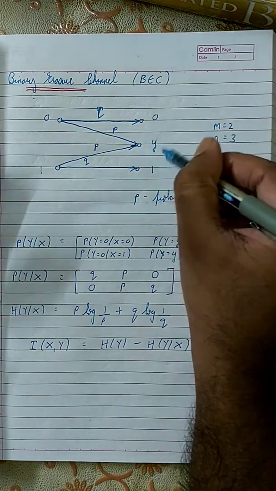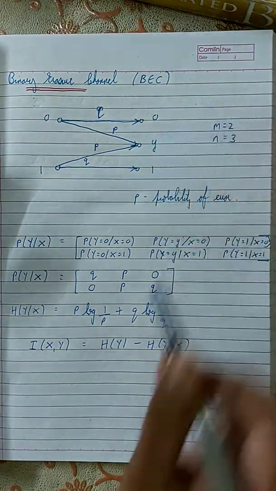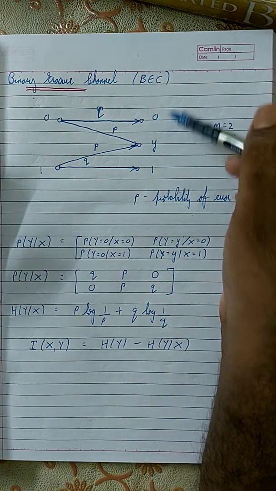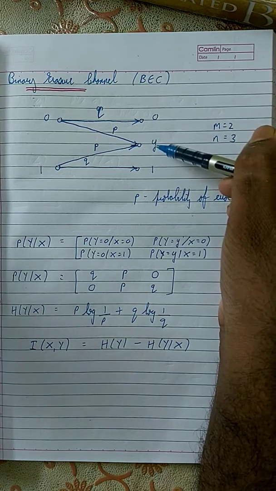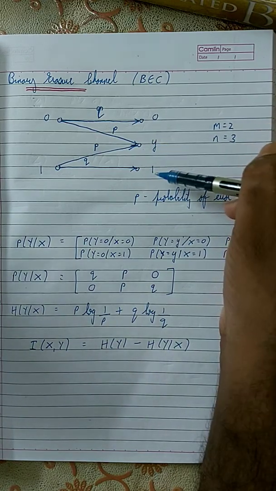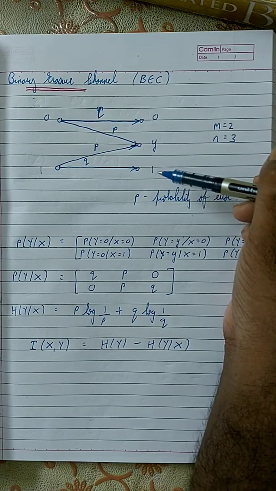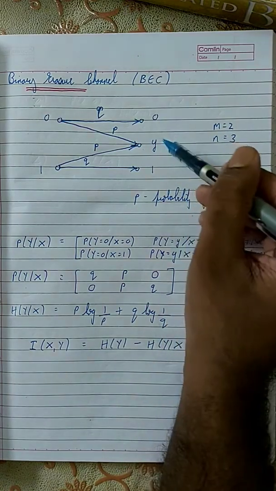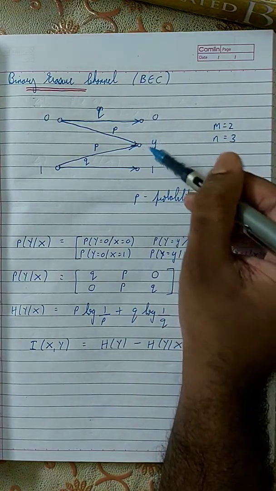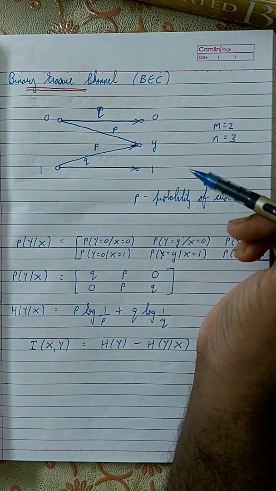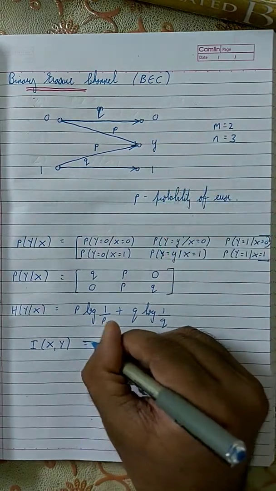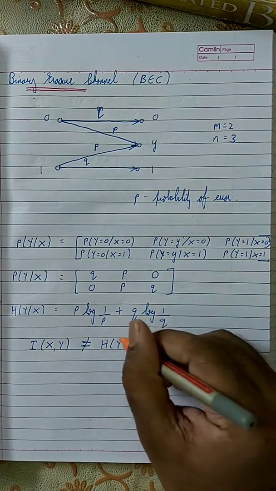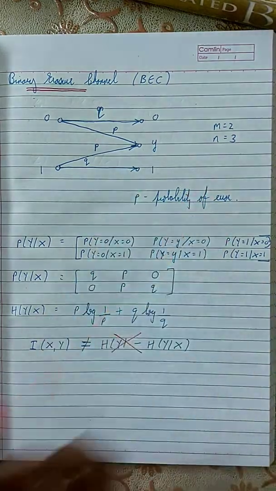Since the information provided by this symbol is rejected, we cannot use H of y equal to probability of receiving 0 times log of 1 by probability of receiving 0, plus probability of receiving 1 times log of 1 by probability of receiving 1. We cannot apply that equation to H of y, because the information provided by this specific symbol is actually rejected. That is why you cannot use this equation when finding the mutual information.